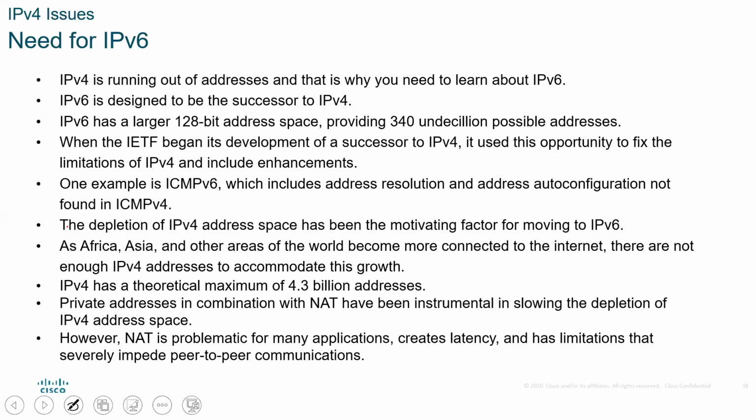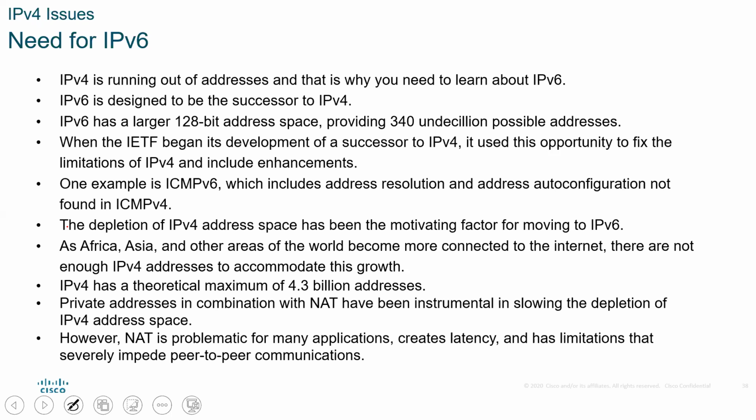One example is ICMP version 6, which includes address resolution and address auto configuration not found in ICMP version 4. The depletion of IP version 4 address space has been the motivating factor for moving to IP version 6.